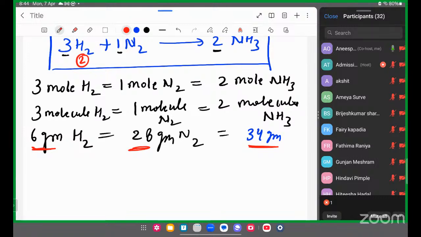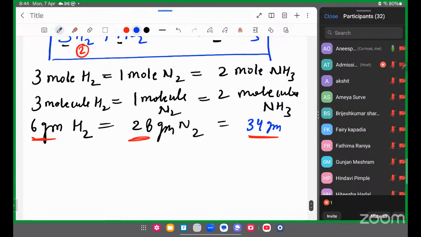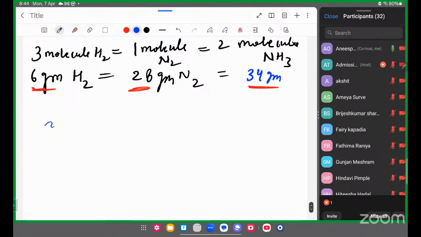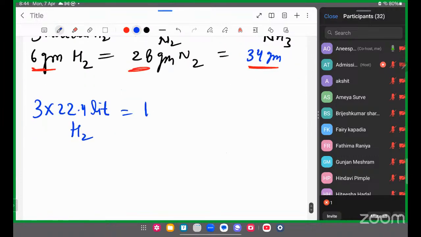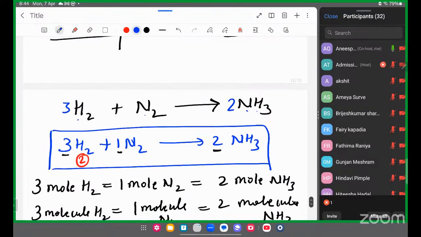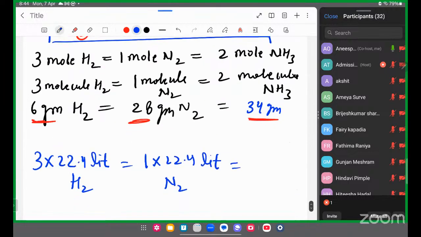Or you can also take it in terms of volume. Like if we are using 3 mole hydrogen, this means 3 into 22.4 liter hydrogen will be used to react with 1 mole nitrogen, which means 1 into 22.4 liter nitrogen. And we will get 2 moles of ammonia, which means 2 into 22.4 liter ammonia.